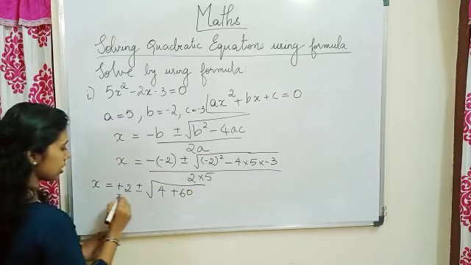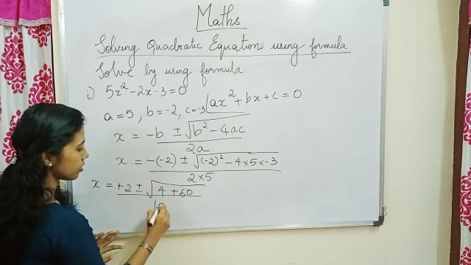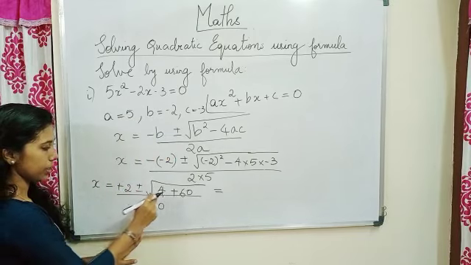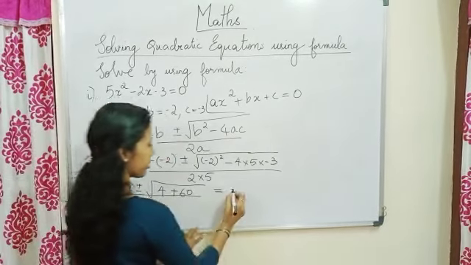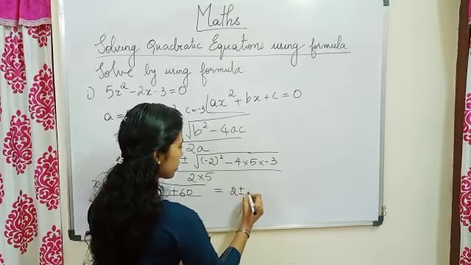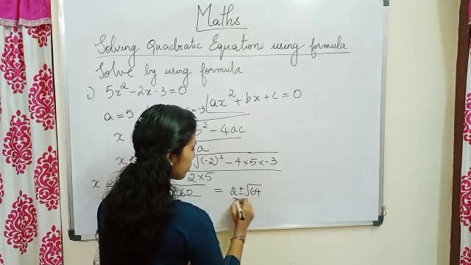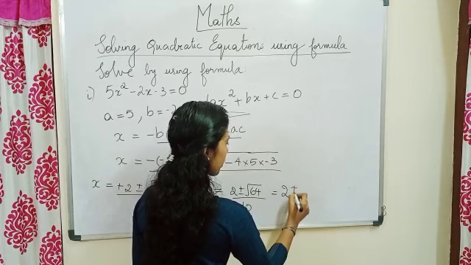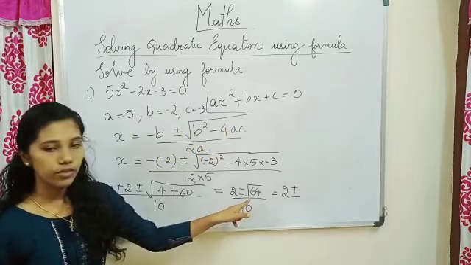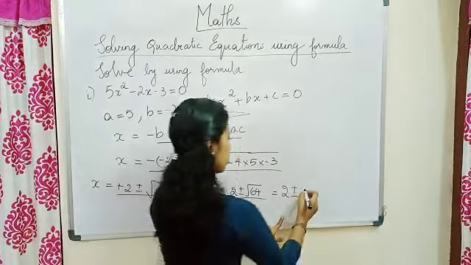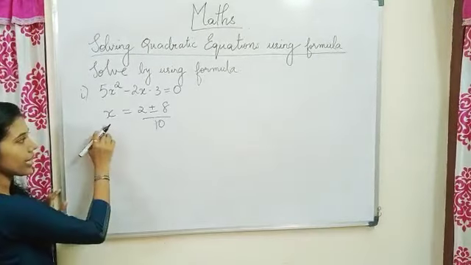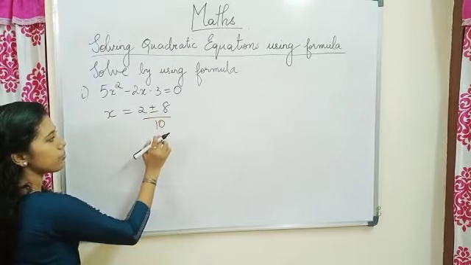So 4 plus 60, divided by 2 5s are 10, which is equal to 2 plus or minus root 64 by 10. Root 64 is equal to 8. So we got x is equal to 2 plus or minus 8 by 10.